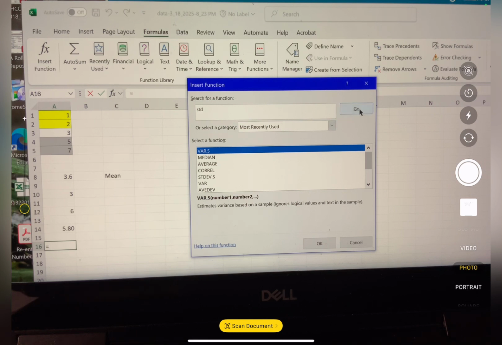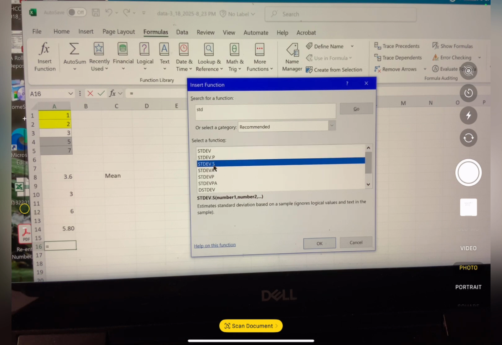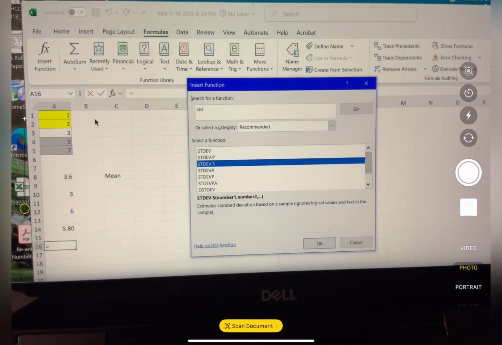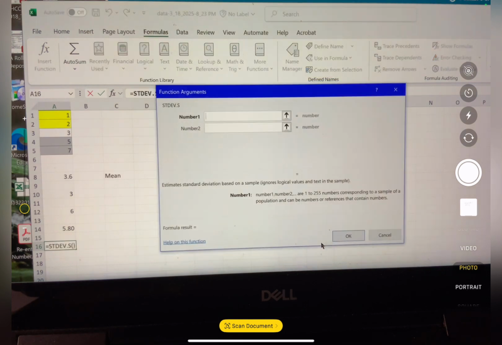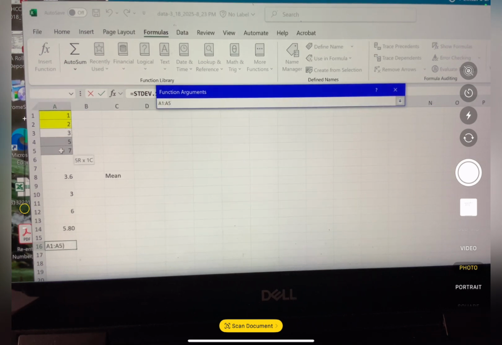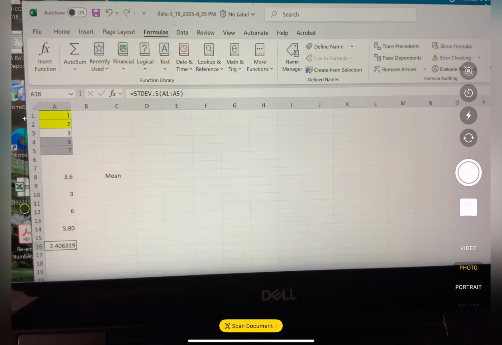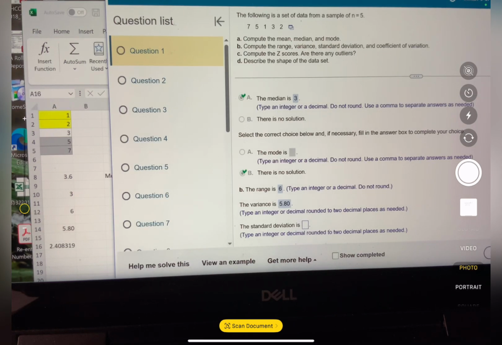Okay, there we go, standard deviation. I'm going to take this one, dot S, because it's for the sample. And even if we read here, the following is a set from sample. It says already sample. All right, so STD dot S, clicking OK, and I'm highlighting the range. Click OK, and I got 2 point, how much do we have to round it? 2 decimals. It's going to be 2.41.